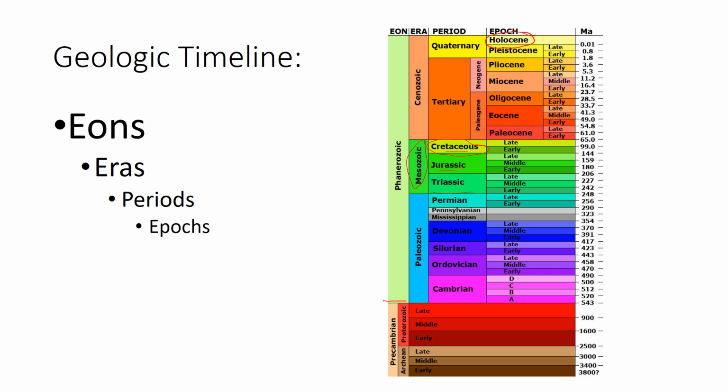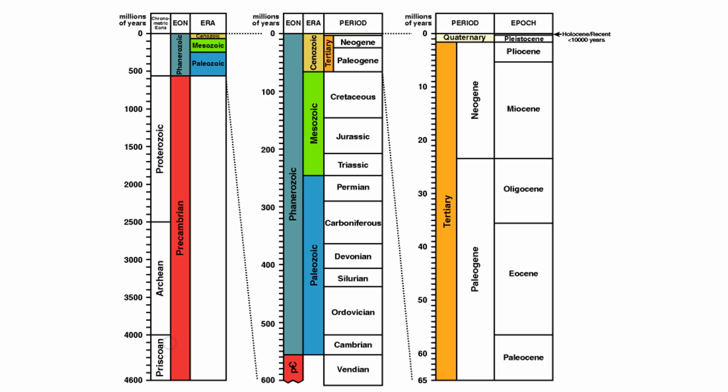Now, this is not exactly accurate in terms of scale, because first of all, the Precambrian eon is much, much longer than the Phanerozoic. If we look at this one, we can see its sense of scale. Here is the Phanerozoic eon as it compares to the Precambrian eon.